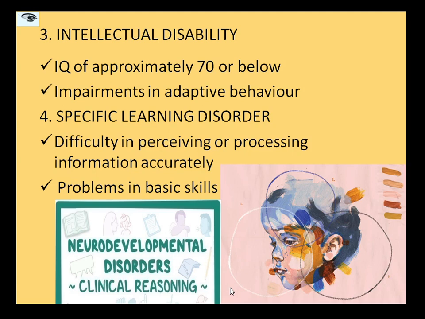So especially in areas like communication, self-care, home living, social or the interpersonal skills, the functional or the academic skills, work, in all these areas there are impairments. That is why we say that there are impairments in the adaptive behavior.